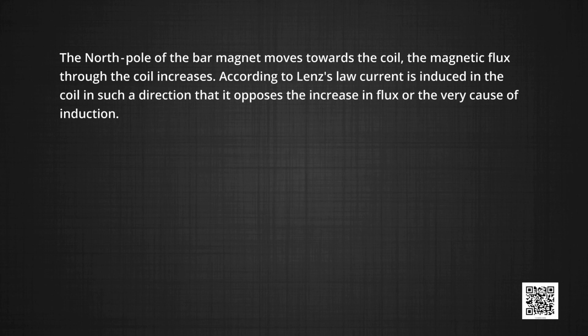According to Lenz's law, current is induced in the coil in such a direction that it opposes the increase in flux, or the very cause of induction. We made a nice conclusion by sincerely following Lenz's law.